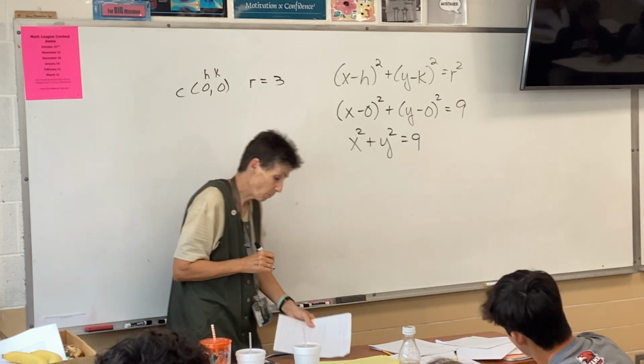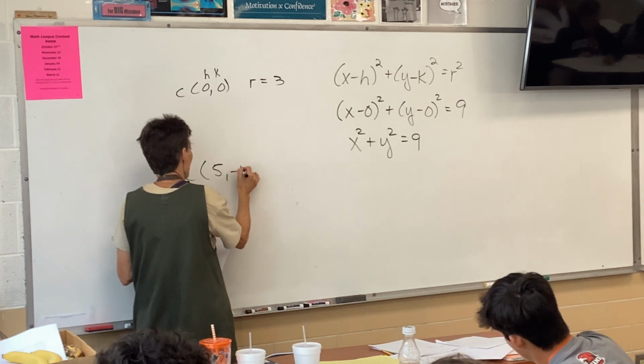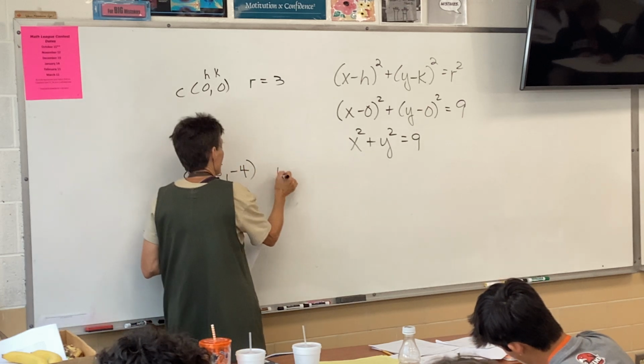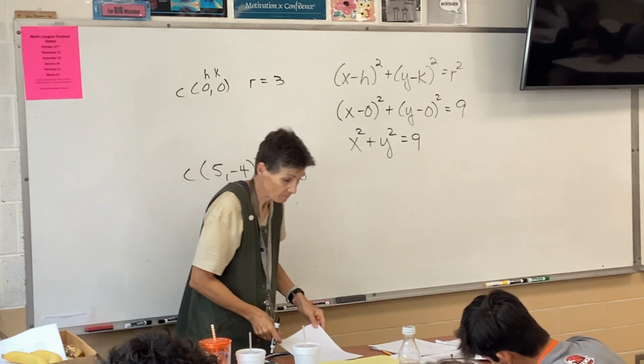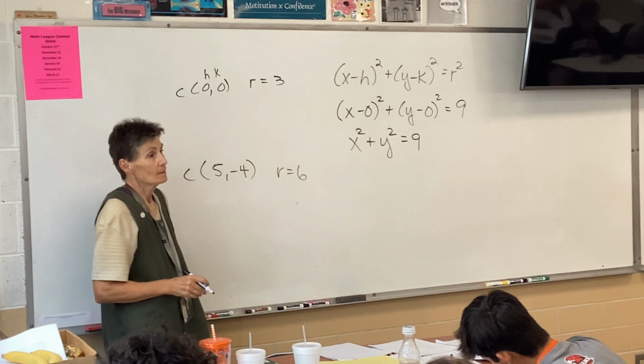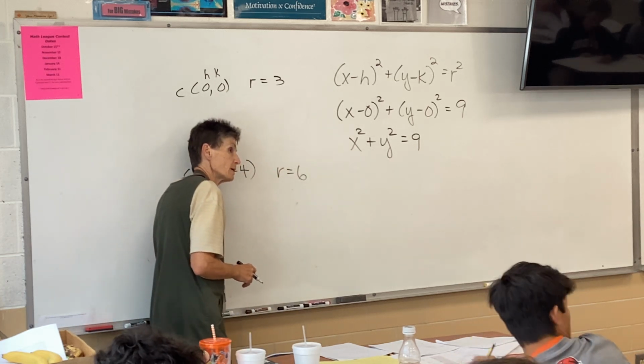Now, what about the next step? What if the center is 5, negative 4 and the radius is 6? Can anybody, Kellen, can you put together this equation, do you think?